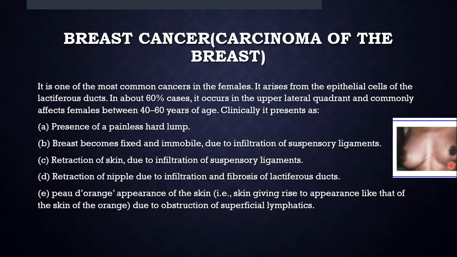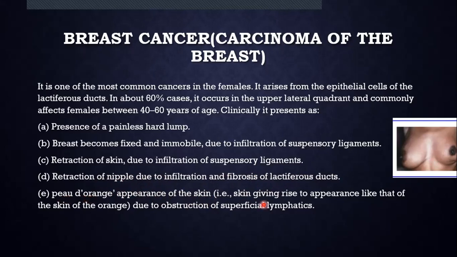Look at this patient: you can see here the skin has dimples. That is telling you something is wrong there. There will also be retraction of the nipple due to infiltration and fibrosis of the lactiferous ducts, and the skin of the nipple will have an orange peel appearance, what is known as peau d'orange.